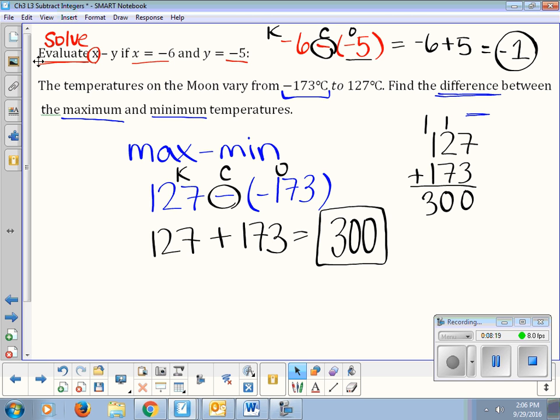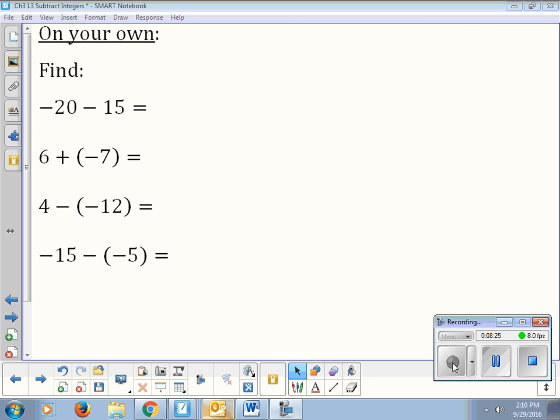Go ahead and try the on your own examples. For the first one, we have -20 minus 15. So we have to KCO. Keep, change, opposite.